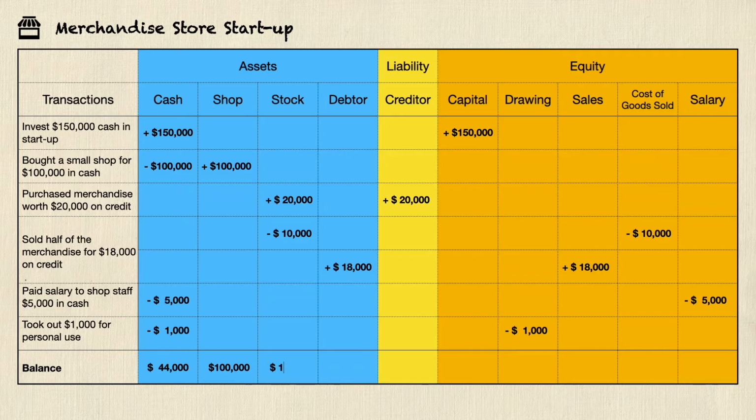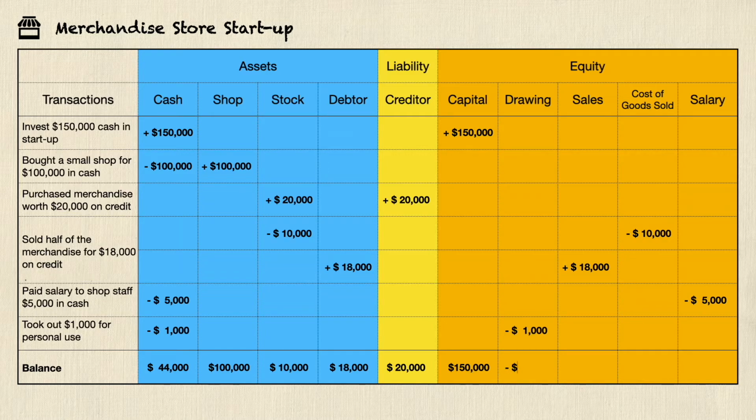The remaining stock will be $10,000, and we will have debtors amounting to $18,000. There will be a claim from a creditor of $20,000, and the amount contributed by the owner in the form of capital remains at $150,000.